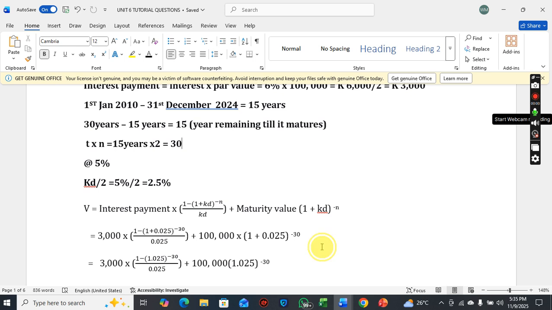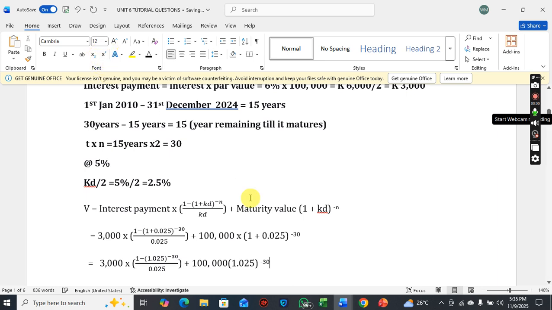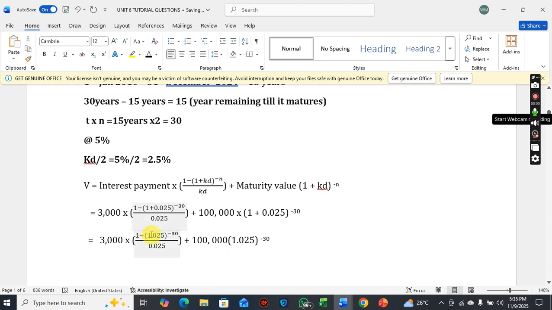Are we getting 20.93 for this annuity factor?